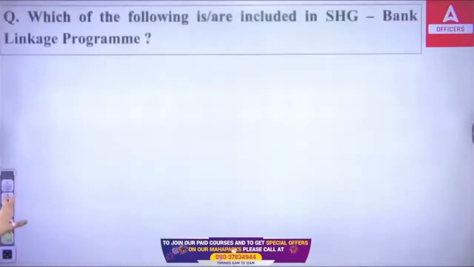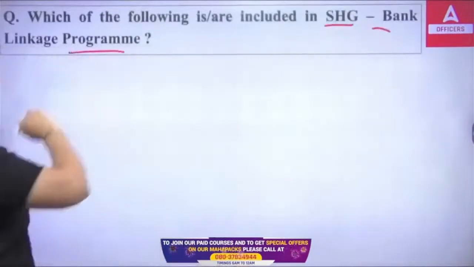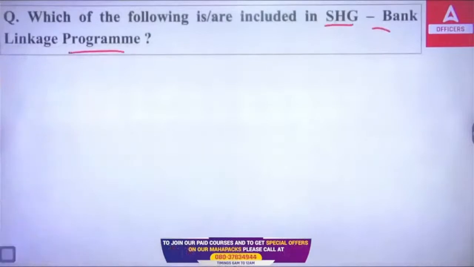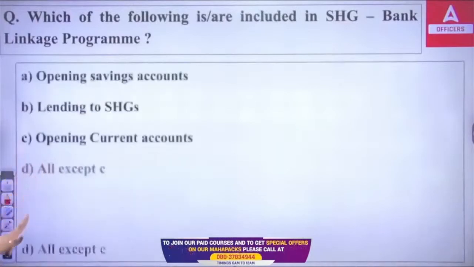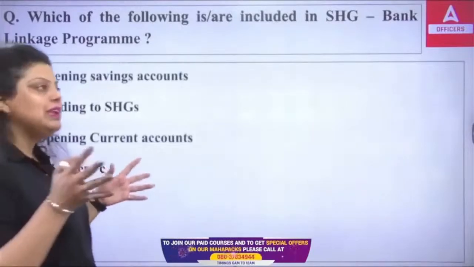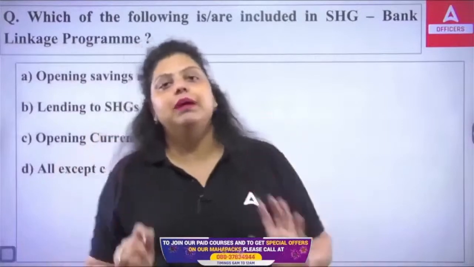Next. Which of the following are included in the self-help group bank linkage program? We have certain options here, and you have to tell which will be covered under the self-help group bank linkage model. First of all, what is a self-help group? A self-help group is simply a group of 10 to 20 people. It can be all women, or women and men combined.